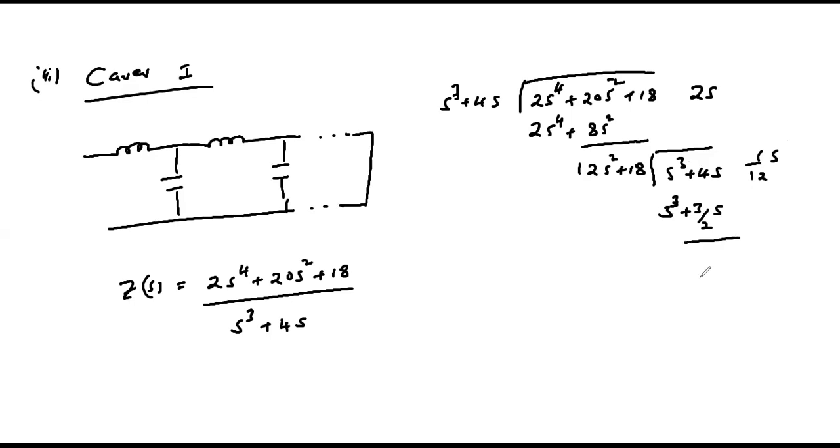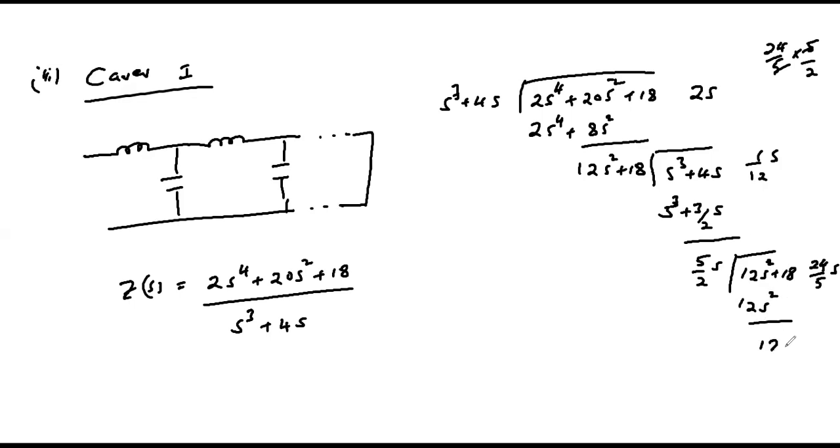And the difference will give us 5 over 2S, which we divide into 12S squared plus 18. To get 12S squared from 5 over 2S, we multiply this by 24 over 5, multiplied by 5 over 2. So this gives us 12. So we need to multiply this by 24 over 5S. So this one is going to give us 12S squared.